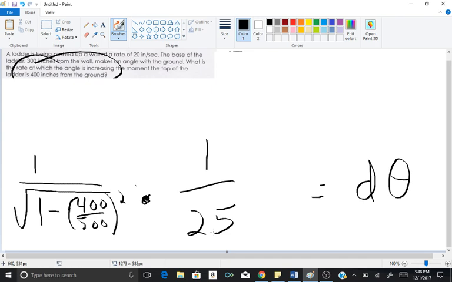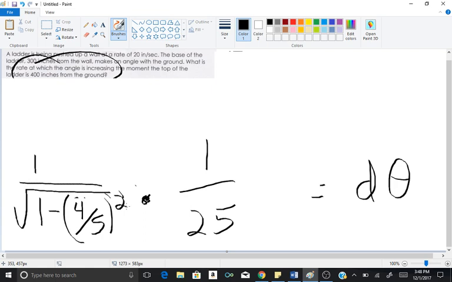Now, 400 over 500 would be bad if we could not simplify it to 4/5. So that's actually just going to be 1 minus 4/5 squared. Let me rewrite this to make it look pretty. So we got 1 over root 1 minus 4/5 squared times 1 over 25 equals d theta.